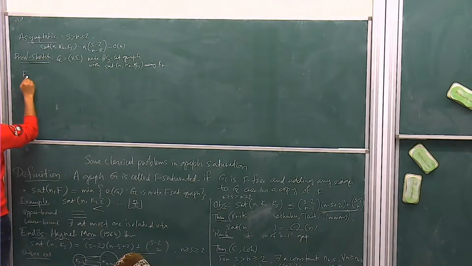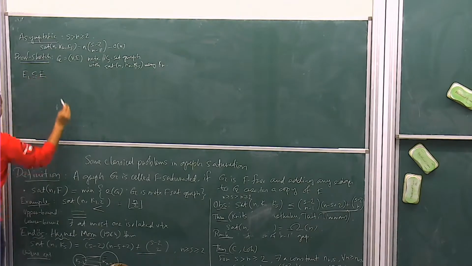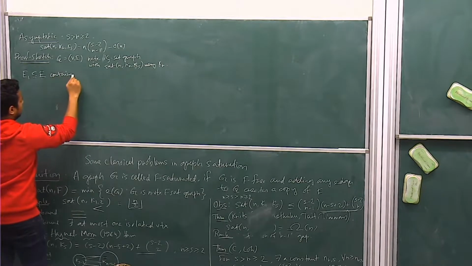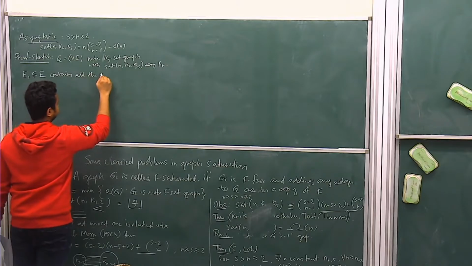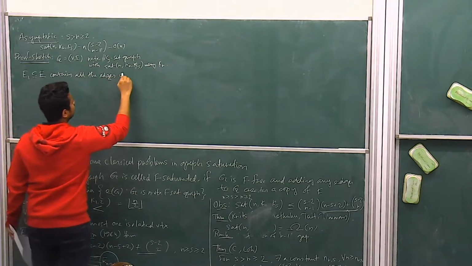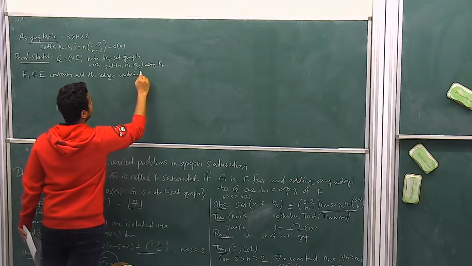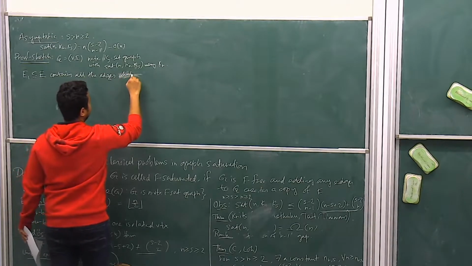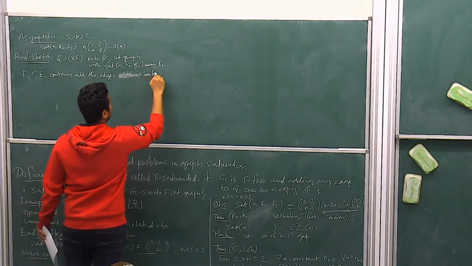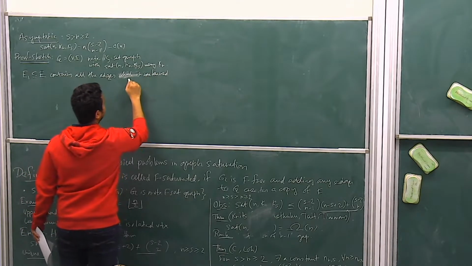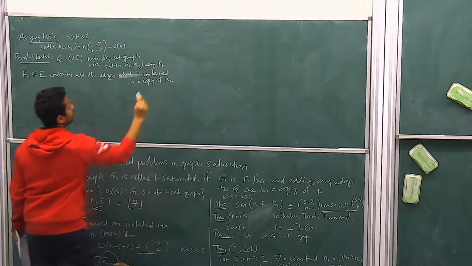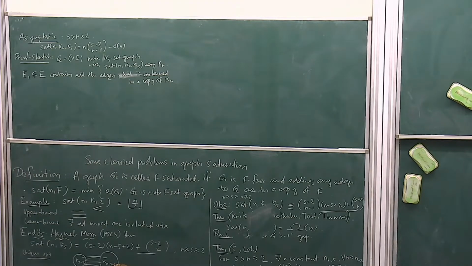Now define this subset E_1 of E, which contains all the edges which are contained in a copy of K_r. So if you look at G, some of the edges are in a copy of K_r, some are not.